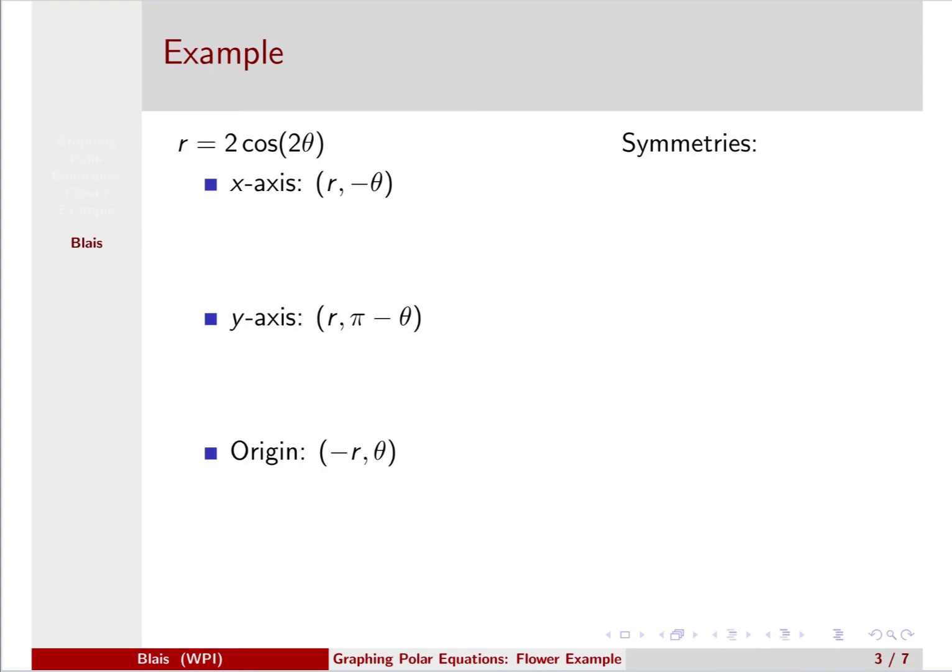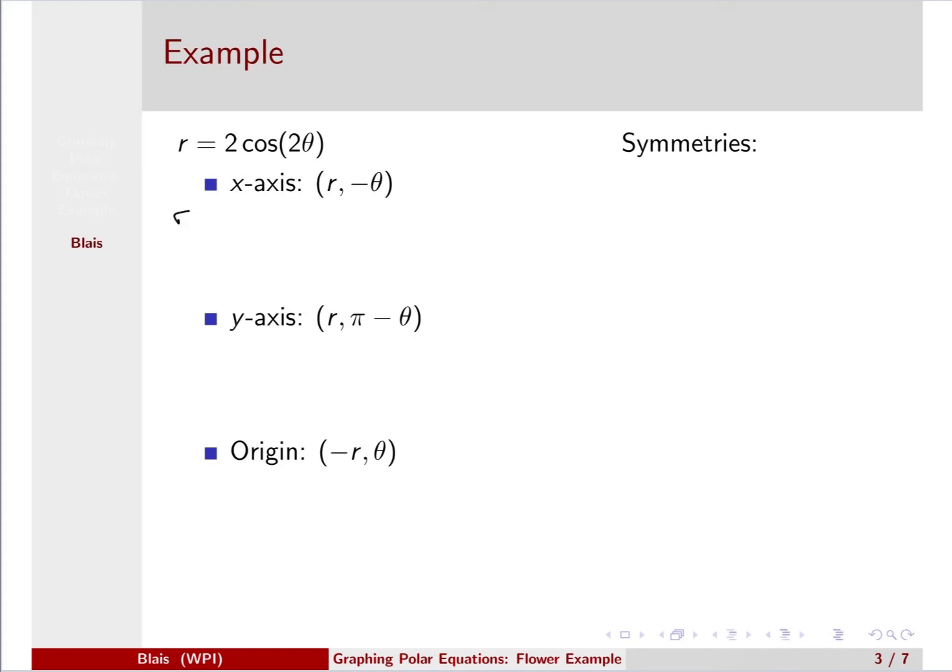So the example we will be working with in this lecture is r equals 2 times cosine of 2 theta. So first, let's try and detect x-axis symmetry. Can we replace r and theta with these counterparts, r and minus theta, and recover the original equation?